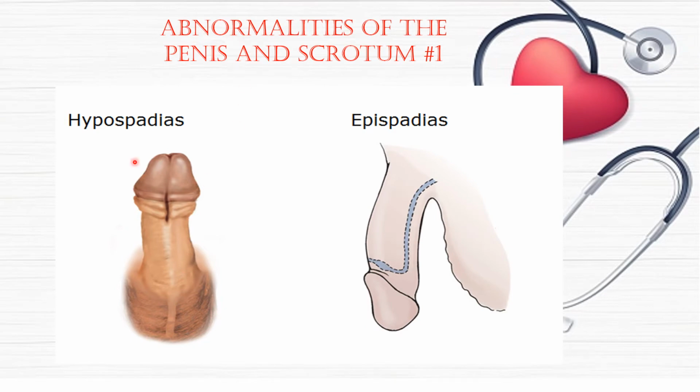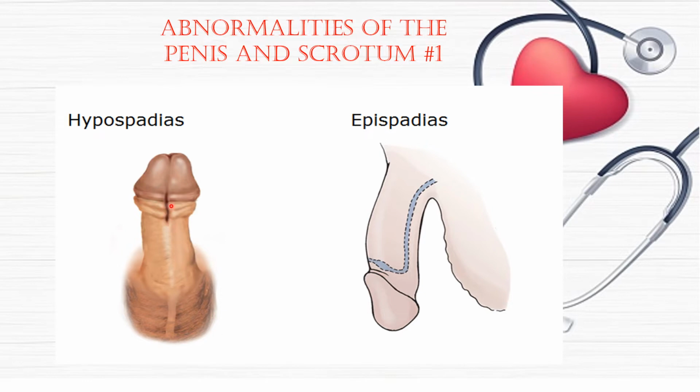This image is an example of abnormalities of the penis and the scrotum. We have here hypospadias, which is a congenital displacement of the urethral meatus to the inferior surface of the penis.